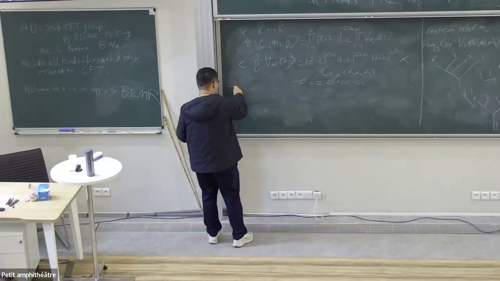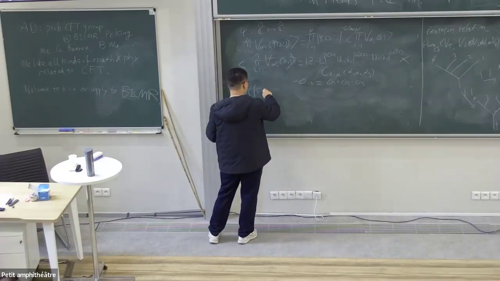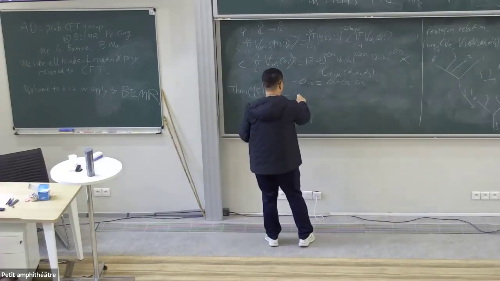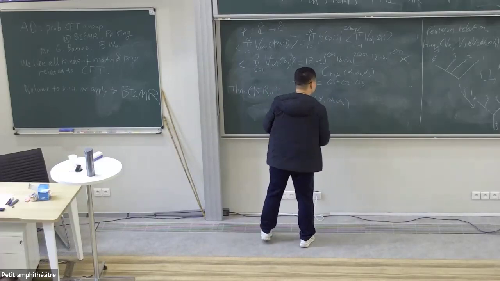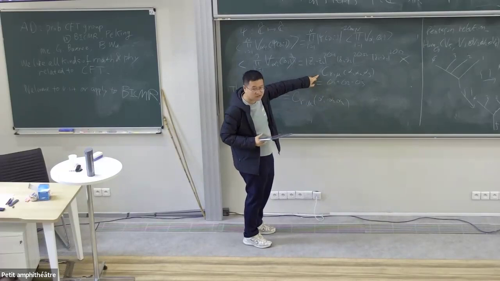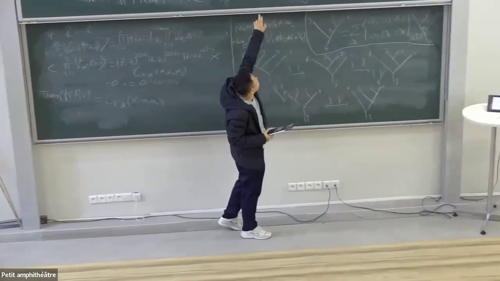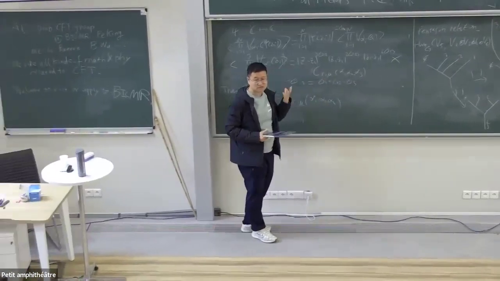And then a theorem due to Kupiainen-Rhodes-Vargas is that this guy, remember that this is a probabilistically defined object. This is the expectation of a certain average here, an expectation of certain Gaussian multiplicative chaos.